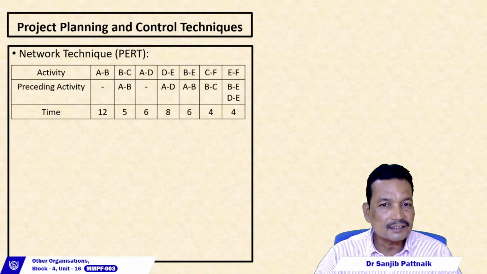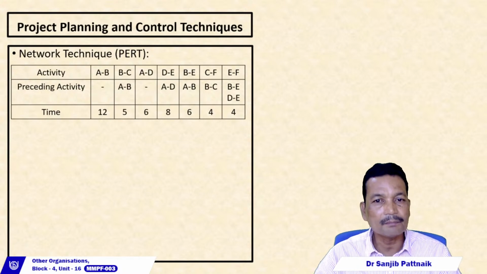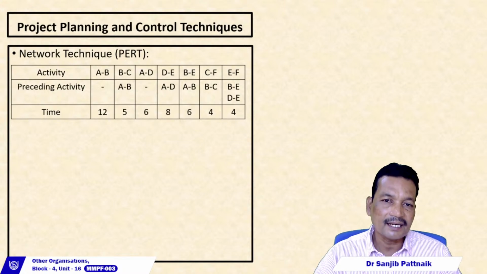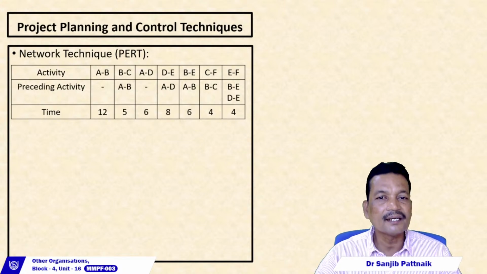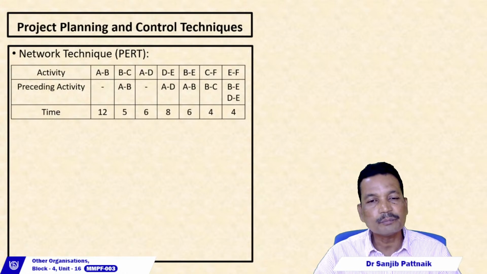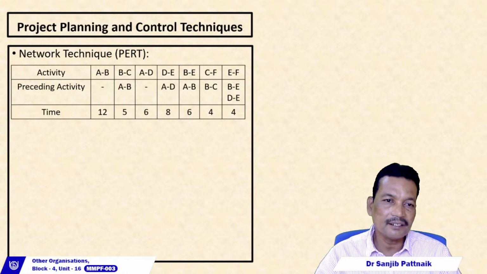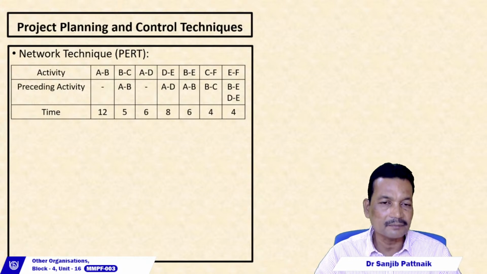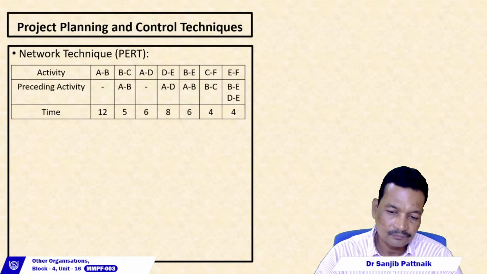Similarly, for the last activity EF, the preceding activities are BE and DE, which means that activities BE and DE should be completed before activity EF can be undertaken. The time taken for the respective activities is given in the last row.